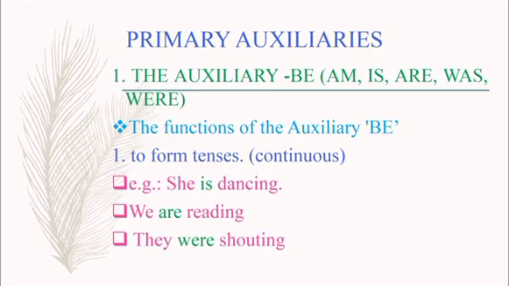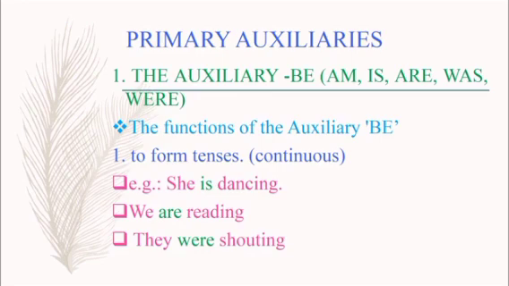Example sentences are: she is dancing, we are reading, they were shouting. Here, is, are and were are be forms of verbs.